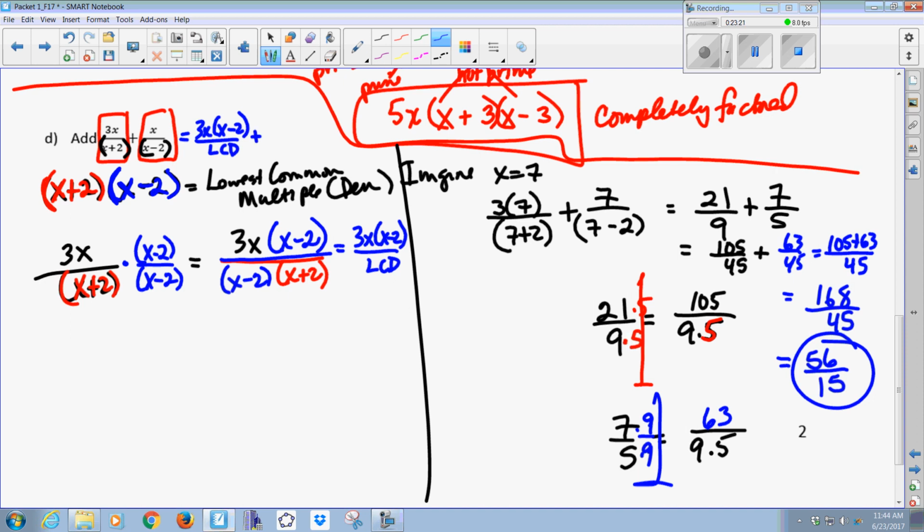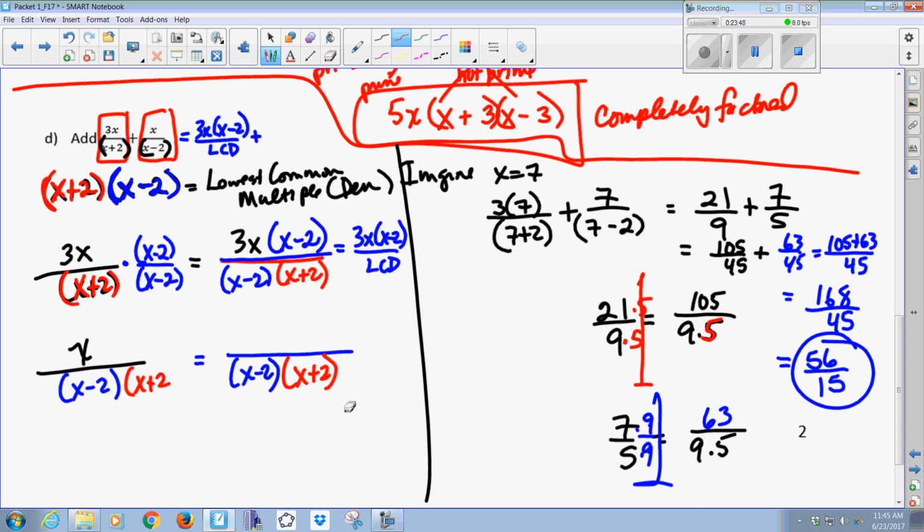Okay, so we've got one more fraction to add, one more fraction to make into an equivalent fraction. So let's take a look at what that is. This fraction has x minus 2 in the denominator, and I now want to make it an equivalent fraction that has x minus 2 as well as the red factor x plus 2. So when I compare these two fractions, I see my denominator is missing the factor x plus 2.